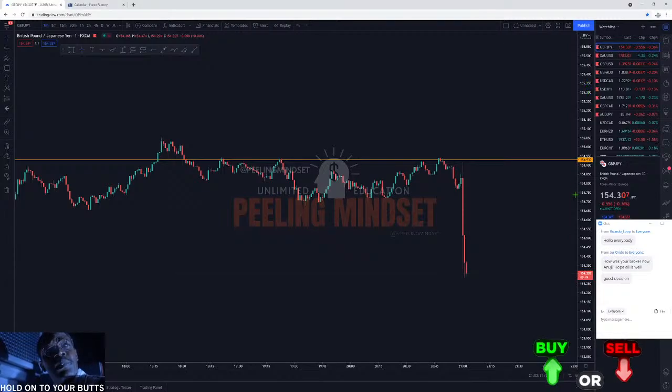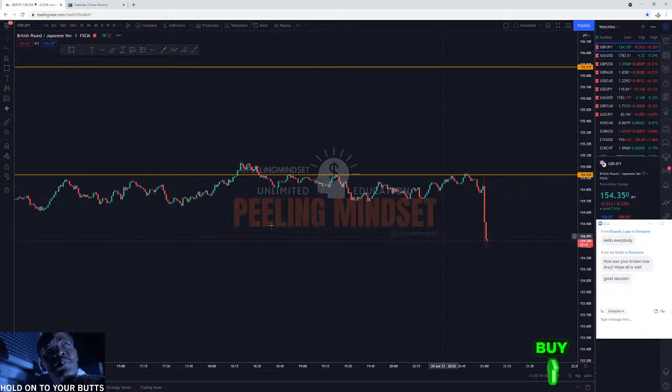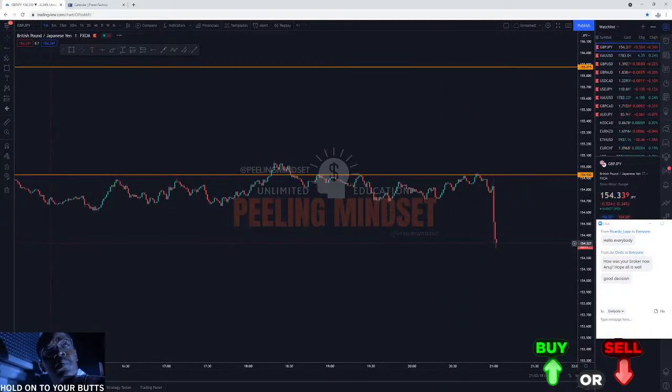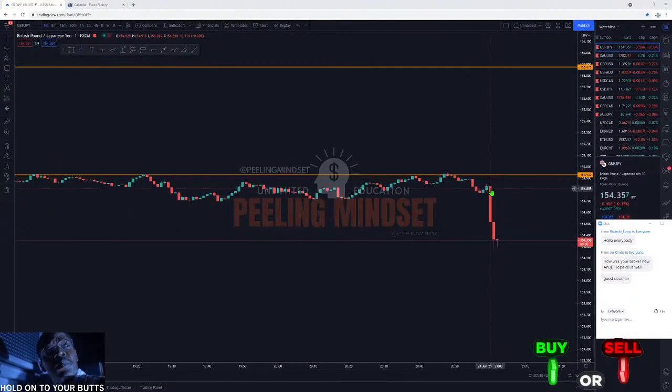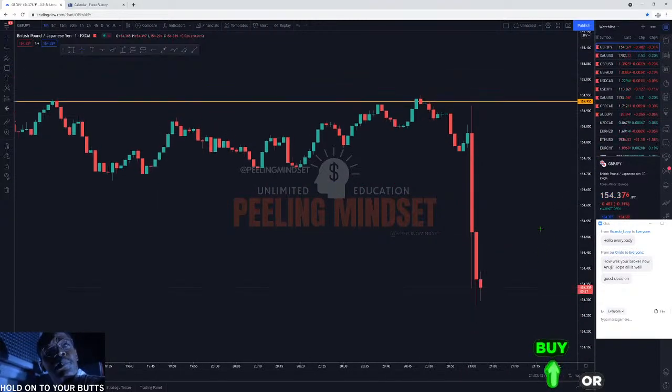Let's see if it's actually going to drop down crazy or if it's going to make some sort of resistance around this level. Wow, it's kind of strong. 50 pips in just 1 second.